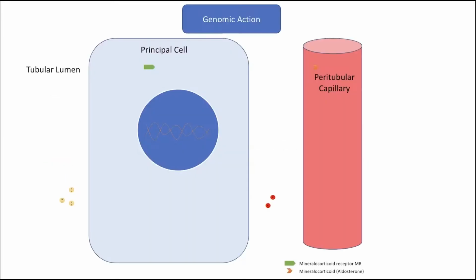Now coming to the function of aldosterone. Aldosterone has its main target cell located at the collecting duct of the renal tubule, and this is the principal cell. As it is a steroid hormone, it can easily cross the cell membrane and bind with its cytosolic receptor.